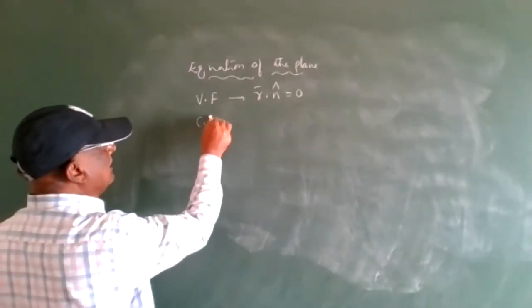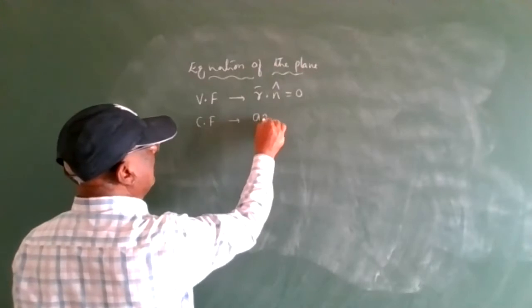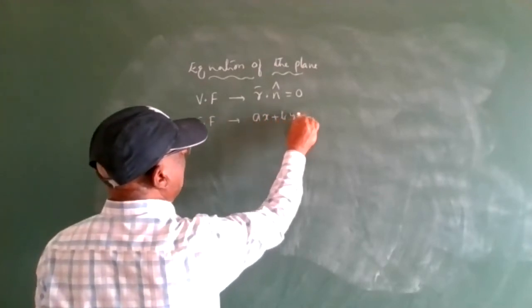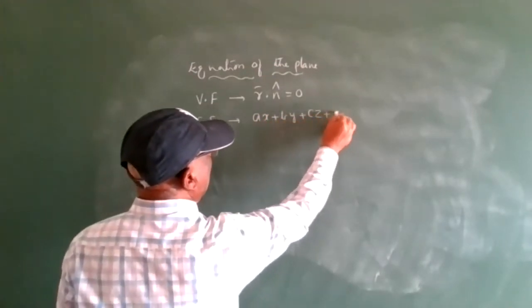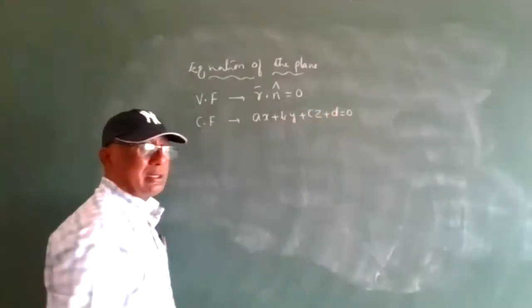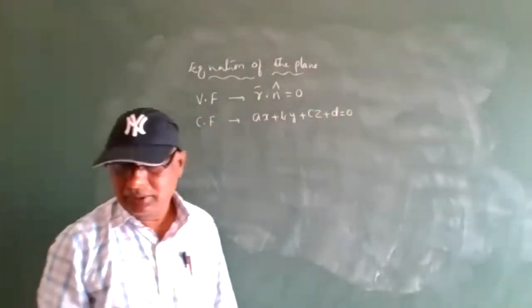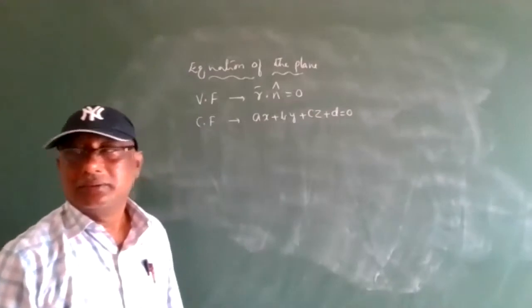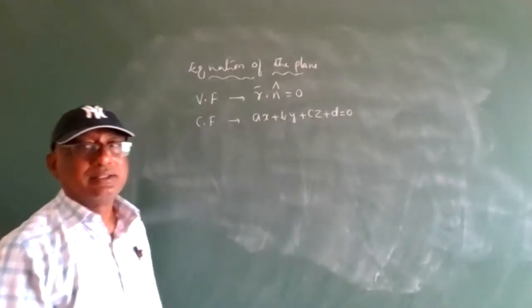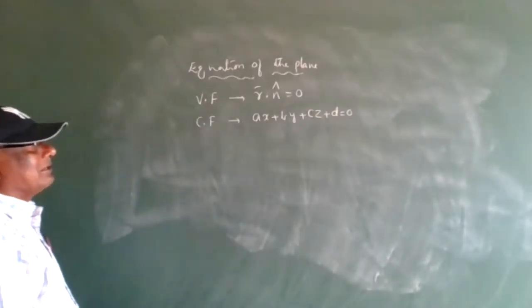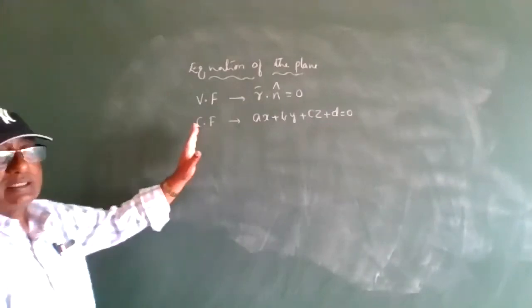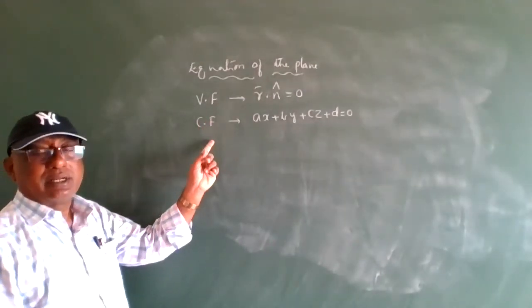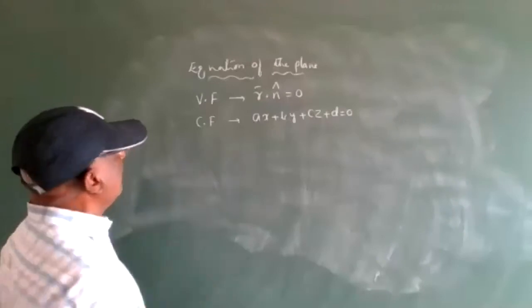The Cartesian form is ax plus by plus cz plus d is equal to 0. This is the Cartesian form of the equation. Okay? So this is the vector form of the equation and the Cartesian form of the equation.